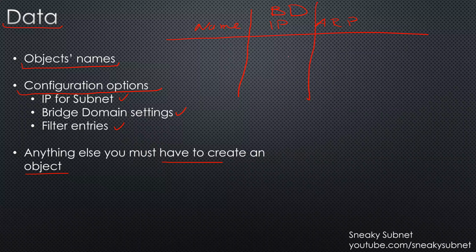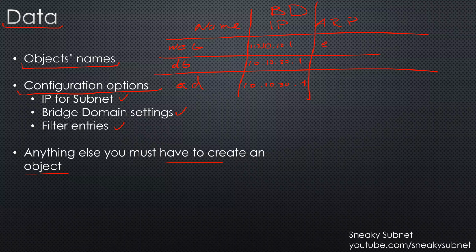And you will fill the spreadsheet with data. So let's say we have a bridge domain web, we have a bridge domain for database, we have a bridge domain for Active Directory. Here we will have IP 10.10.10.1. Here we will assign IP 10.10.20.1. And for our last bridge domain, we will assign IP 10.10.30.1.